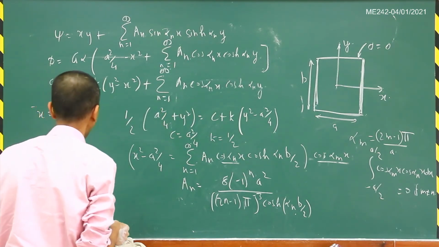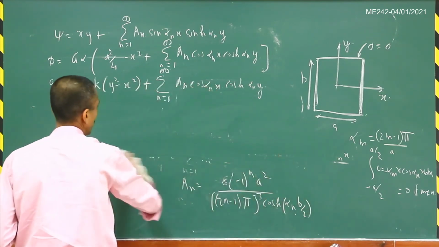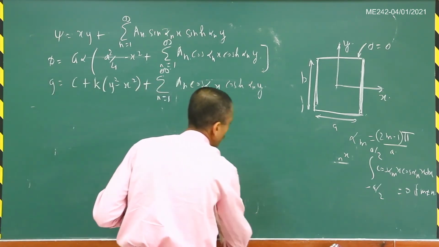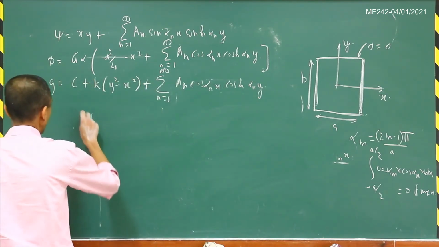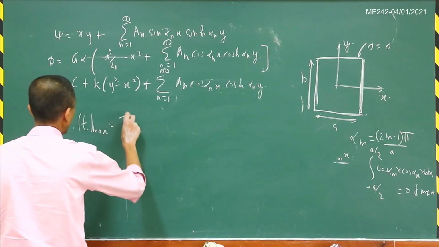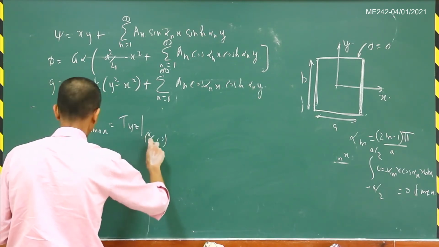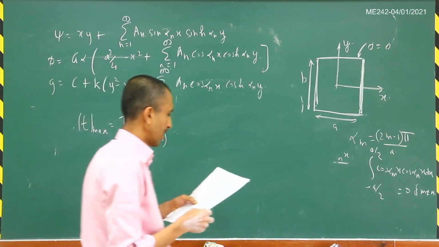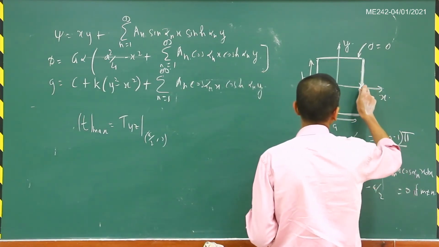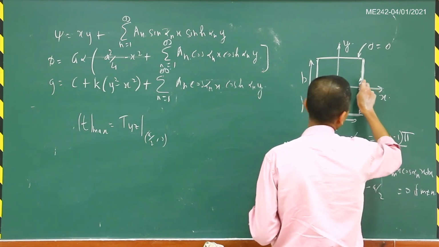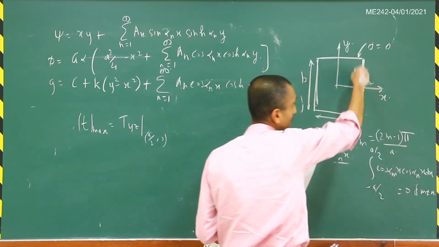Then what about the maximum shearing stress? Let us look at that now. The maximum shearing stress, tau max, in this case is equal to tau_yz at (a by 2, 0), assuming that a is smaller than b. The tau_xz component is just 0 because it is a traction free boundary.